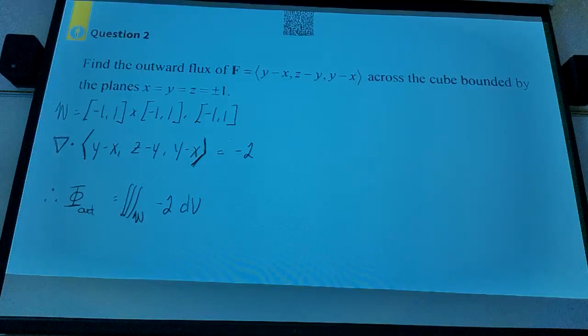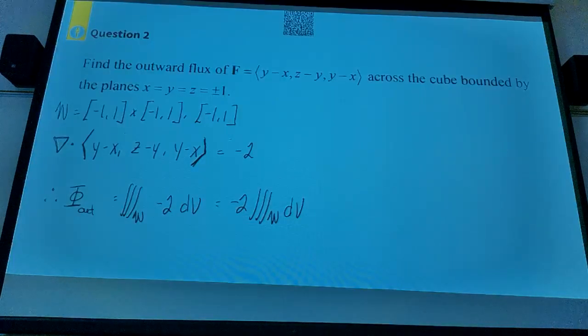So our outward flux would be that triple integral. But if you just integrate over W, the volume differential, isn't it just the volume of the solid?